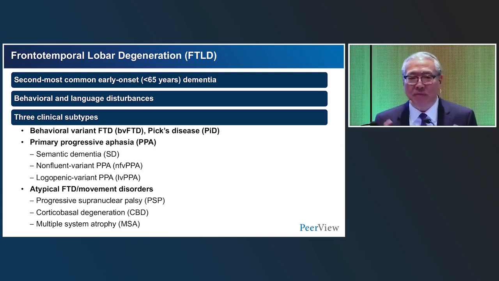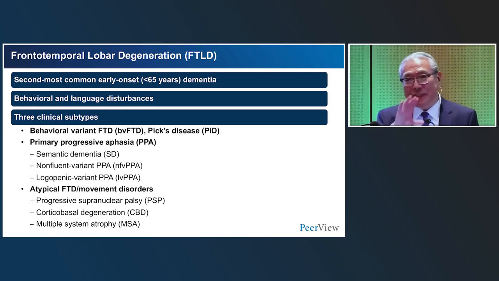Within FTLD, there are 3 major subcategories. The behavioral variant of FTD, which used to be called Pick's disease, and primary progressive aphasia, so aphasia is part of FTLD. Also atypical FTLD with motor movement disorders such as PSP, CBD, and sometimes MSA is included.